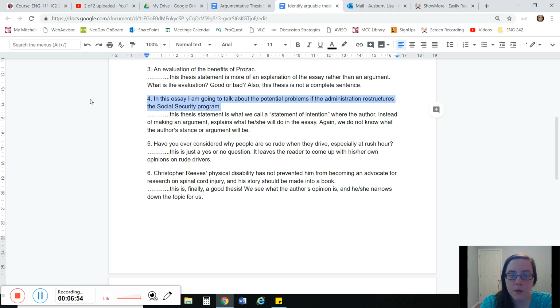That's also something really vague that doesn't have any focal points. What are those problems? This thesis statement would sound better if it said, if the administration restructures the Social Security program, they could run into X, Y, and Z, and those would be those potential problems, which gives you more of the specifics of the author's viewpoint.